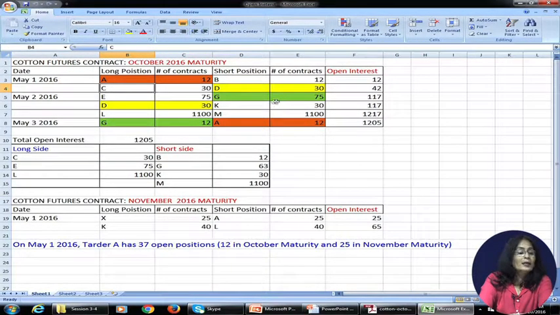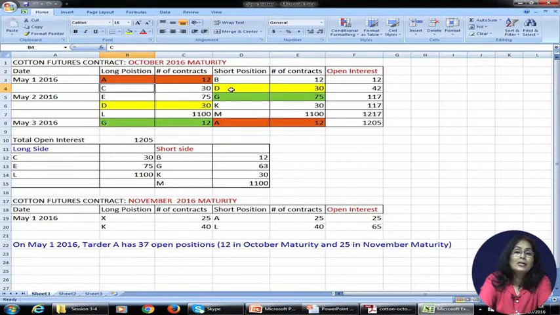Now let's say on 2nd May, D, who had earlier taken 30 short futures contracts, would like to square up its position. When we talk about the word square up, it means if you have taken a long futures contract on a commodity underlying for a specific maturity, you can square up that position by taking a short futures position for the same number of contracts for the same underlying and same maturity.